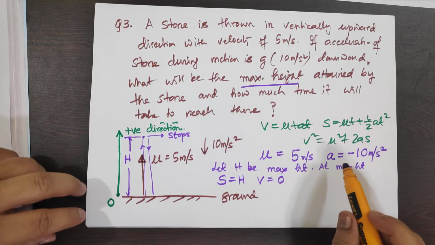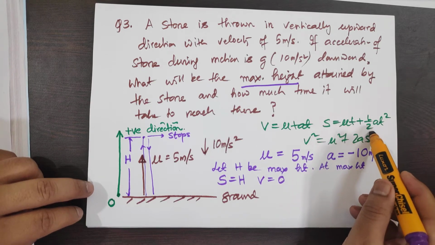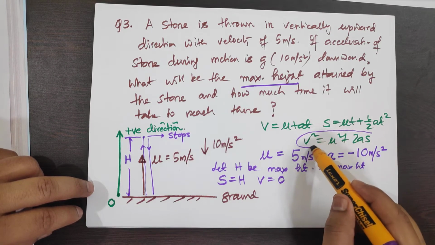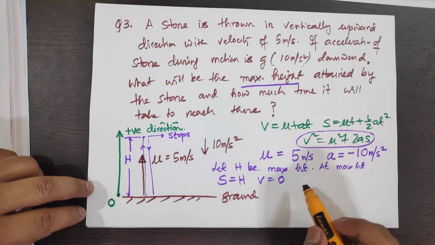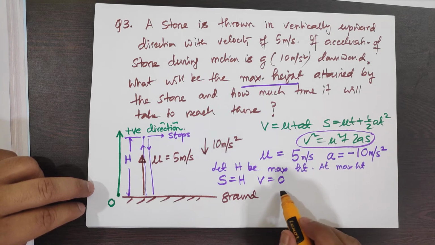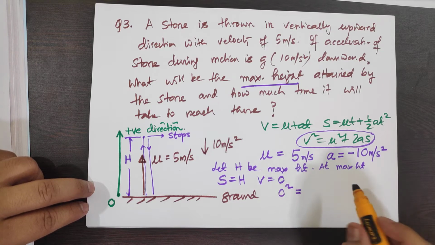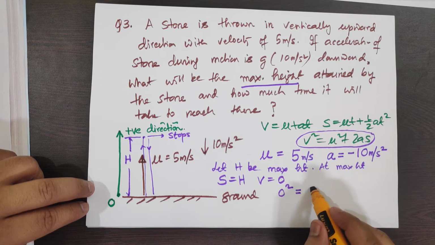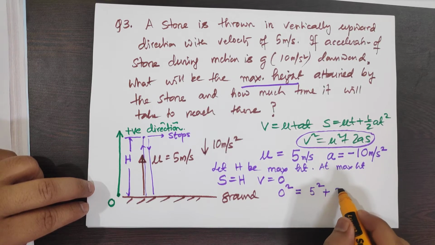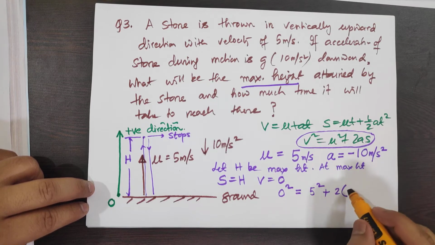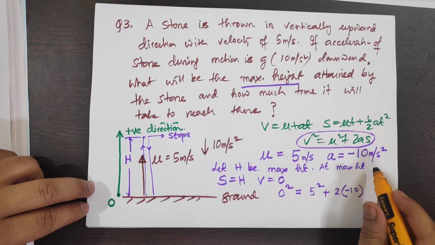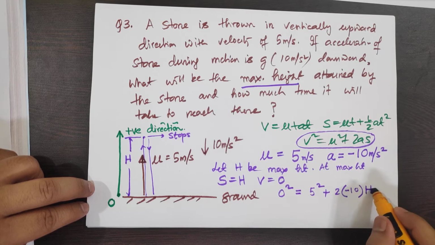The best suited equation for solving this is the third one, because there I put 0 square equal to 5 square plus 2 times minus 10 times h.